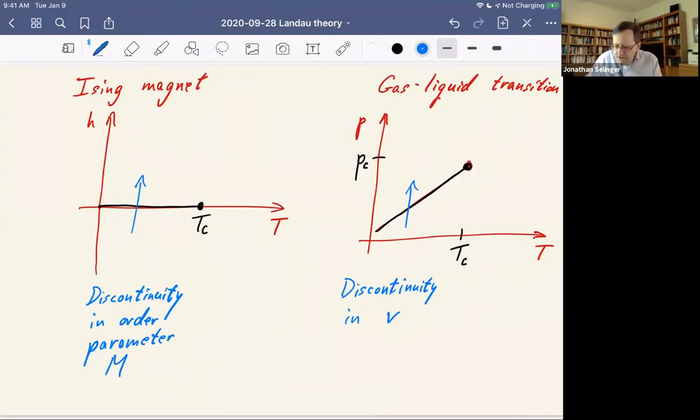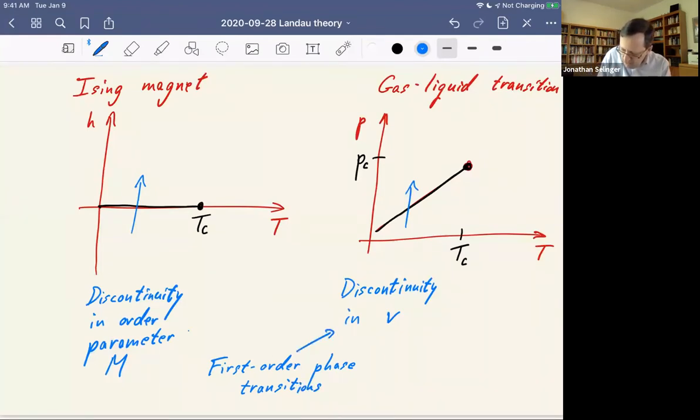So these situations, right, where there's a discontinuity in the order parameter, which is either magnetization or volume per molecule, these things are both called first order phase transitions. So first order means a discontinuity in the order parameter.